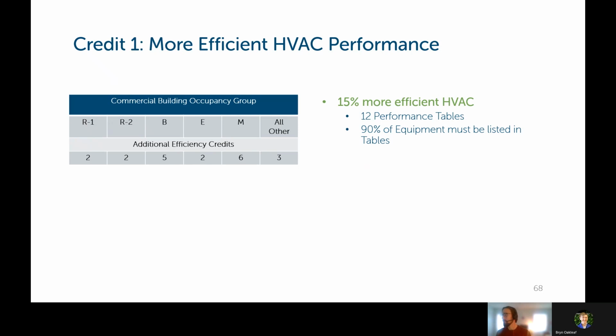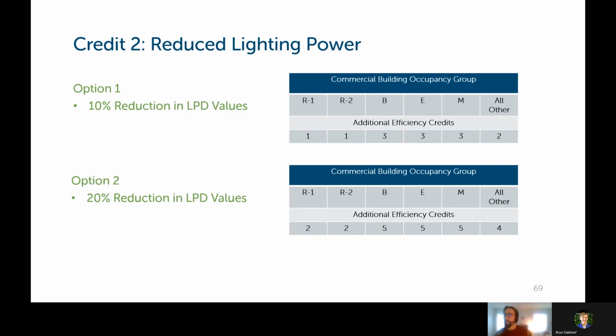So if you had 15% more efficient HVAC equipment based on those 12 performance tables, if 90% of your equipment can be found in those tables and they are all 15% or more efficient, then you can claim the number of credits here based on your building type.